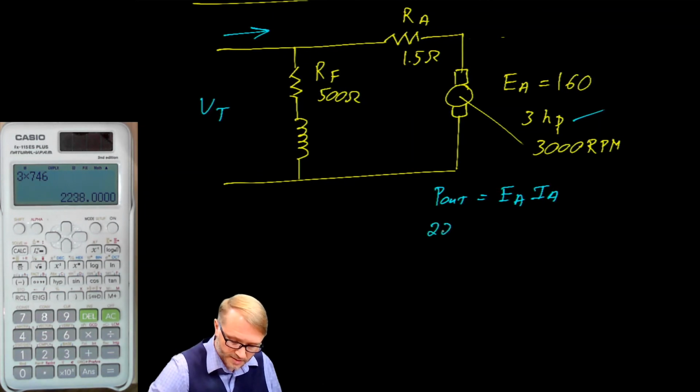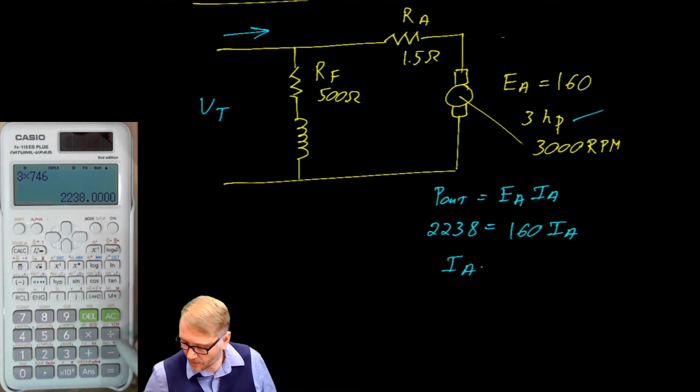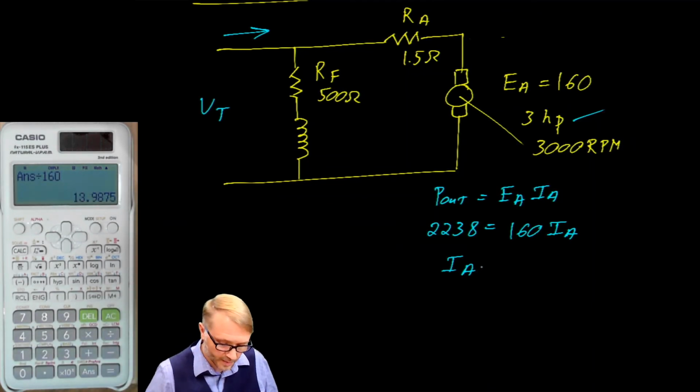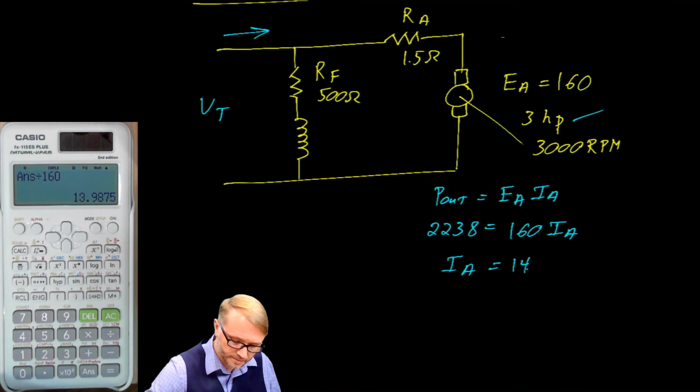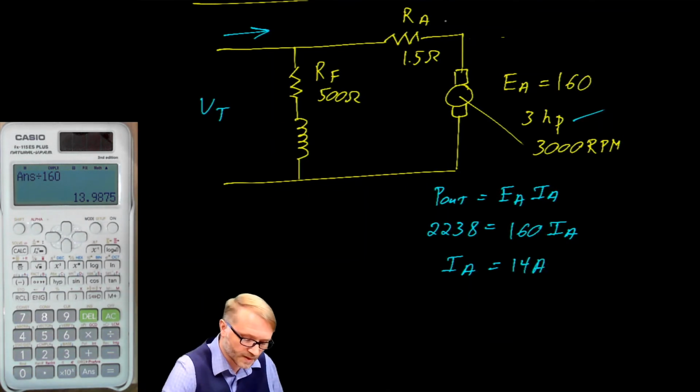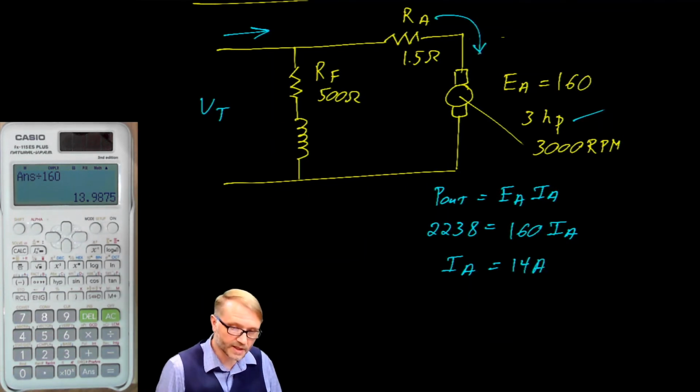So 2238 is equal to 160 by the current. Our current is therefore about 14 amps. So that's 14 amps flowing here.